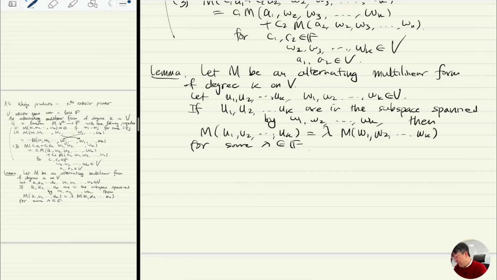Why? Because I can represent u1 as a linear combination of the wi's, u2 as a linear combination of the wi's, and you can expand it. Whenever you have two coordinates of the same value, they collapse to 0. So what's left is just the choice w1 up to wk. If you have a different permutation, you can rearrange. So it's easy.